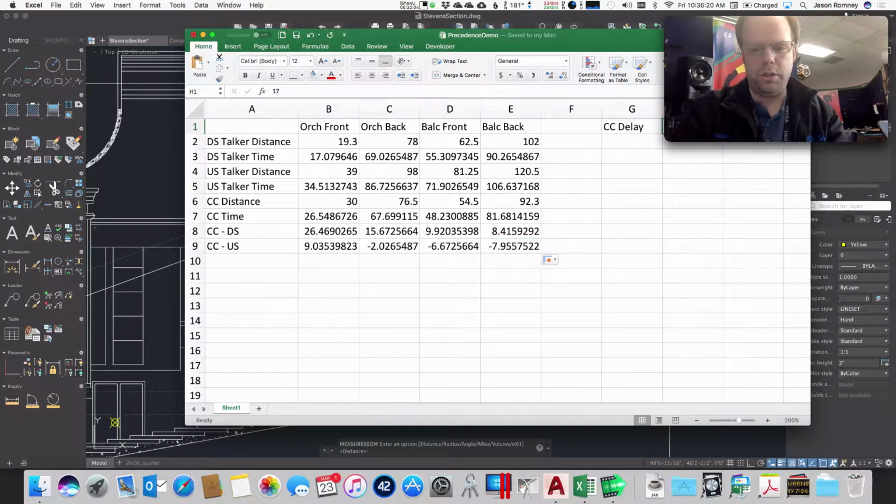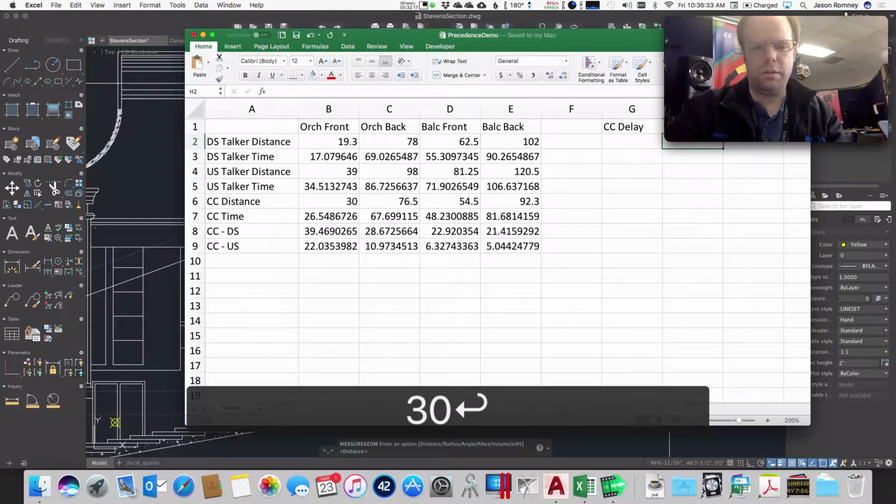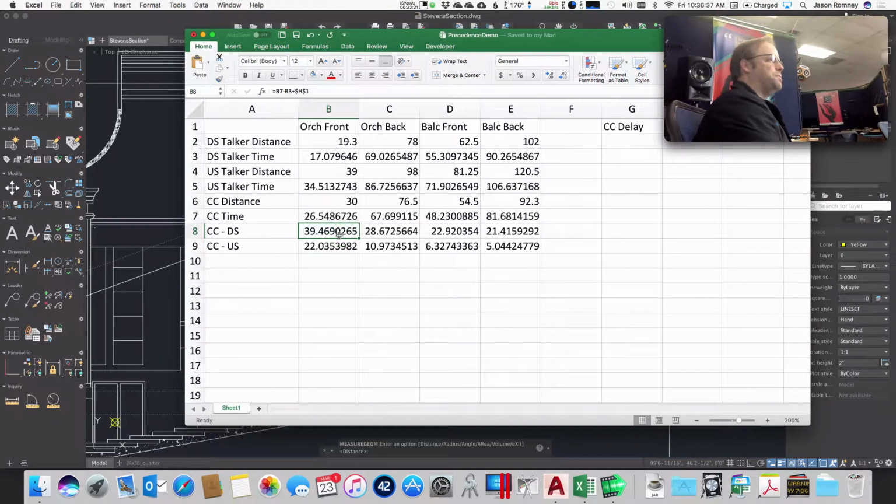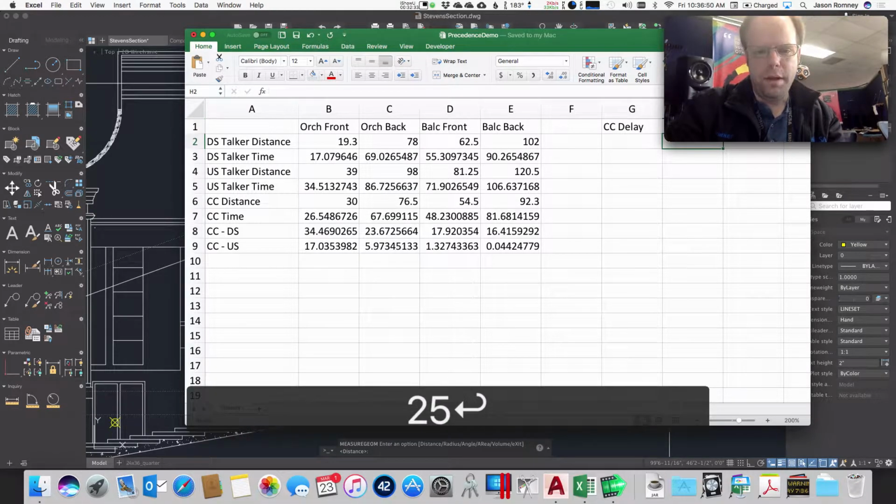I would need to add another 12 or 13 milliseconds, so I'm really looking at 30 milliseconds of delay in the center cluster. But that puts me into a 40 millisecond difference between the downstage talker and the center cluster, which I can't do. So there is no single number that I can put in here that will make this work.